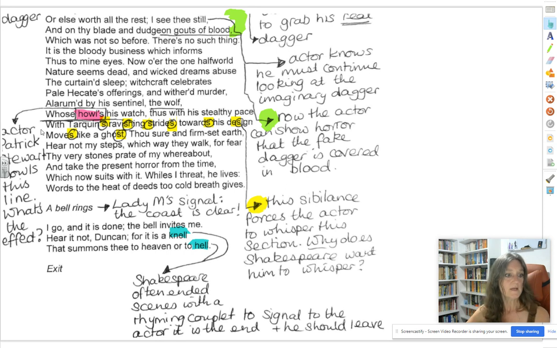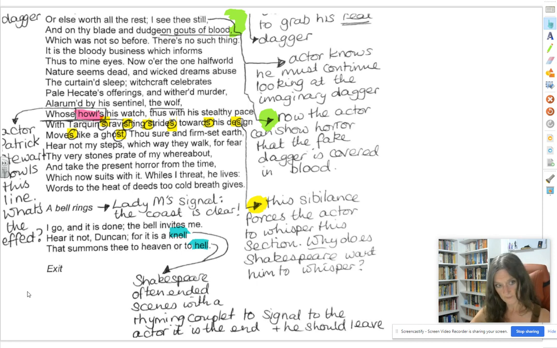Okay, so we got that bit. So I've highlighted "howls," and I talked about that, and hopefully you've watched the Patrick Stewart version of it. Now, the actor Patrick Stewart howls this line: "the wolf, whose howl's his watch, thus with his stealthy pace." What did you think the effect of him howling was? What meaning did you think it created? For me, it made me feel a little bit uncomfortable.